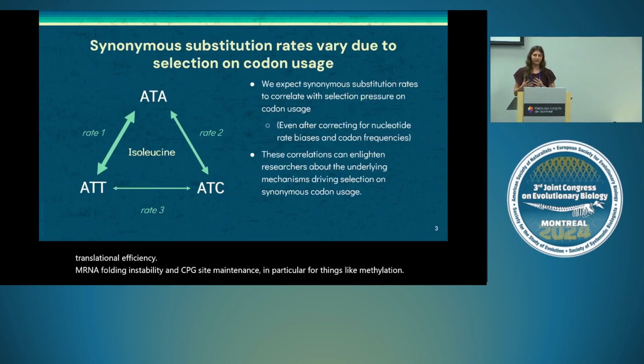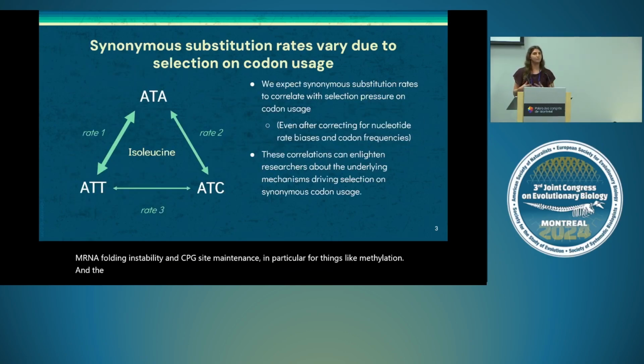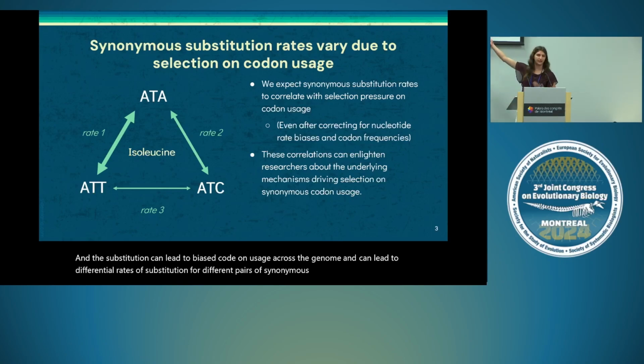And this selection can lead to biased codon usage across the genome, and can lead to differential rates of substitution for different pairs of synonymous codons. Up here you'll see a toy example. Isoleucine has 3 synonymous codons, and the arrows between them are ideal rates of substitution.